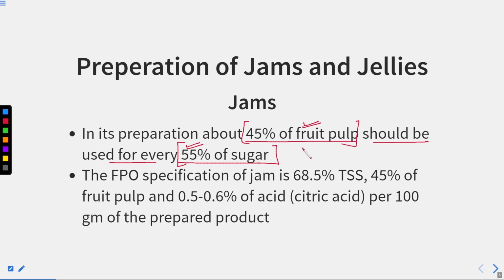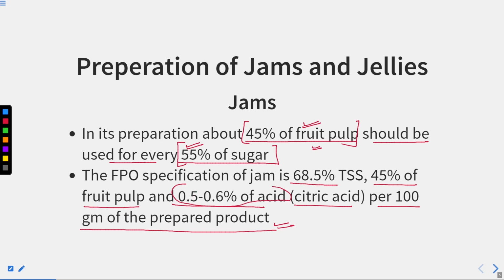The FPO specification of jam is 68.5% TSS, 45% fruit pulp, and 0.5 to 0.6% acid, that is citric acid, per 100 gram of prepared product. Why is the citric acid present? To give a particular taste and odor, and it is also used as a preservative.